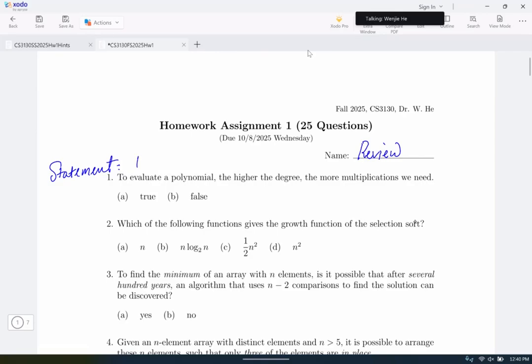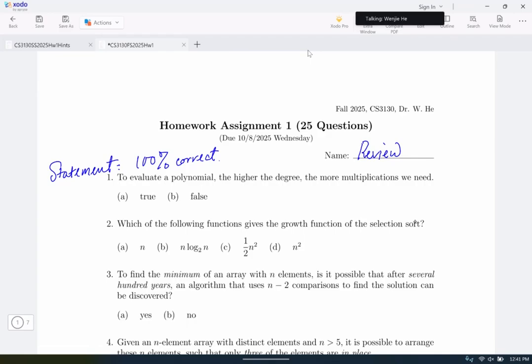need 100% correct, right? Do you agree? 100% correct. If there is 1% of chance incorrect, we cannot say it's correct, right? Do you agree? Yeah. So here we only need to find a small special case that this statement is incorrect.